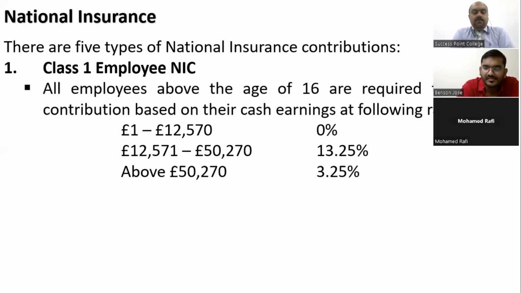So you don't need to remember these rates, but you must be able to apply them. For example, if someone has total income of, let's suppose, 60,000, how much is the Class 1 employee NIC?